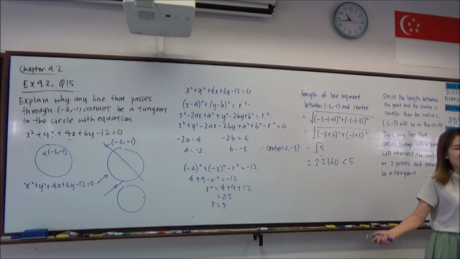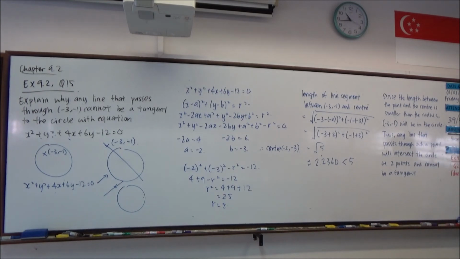Okay, maybe let me just formalize everything over here first again. So when we want to answer this question, explain why any line that passes through -3, -1 cannot be a tangent, we want to look at all the possibilities. Why is it that all the possibilities will never allow it to become a tangent?